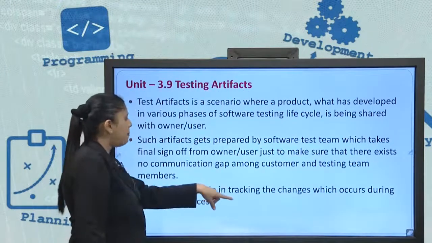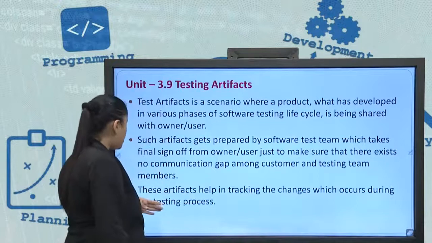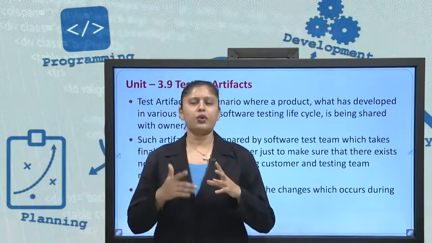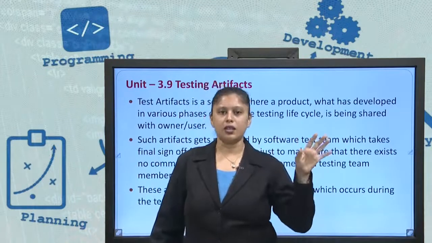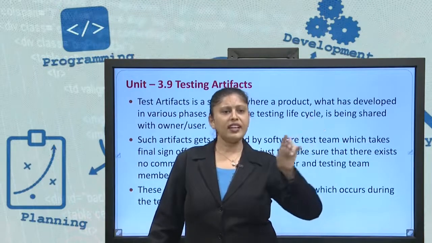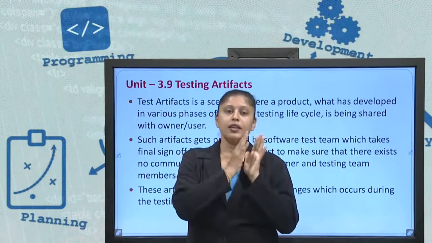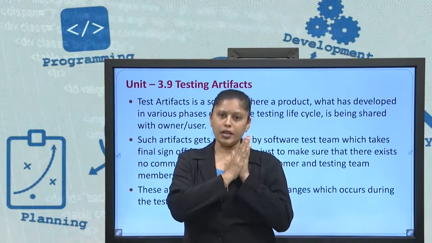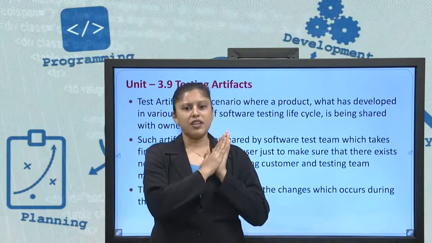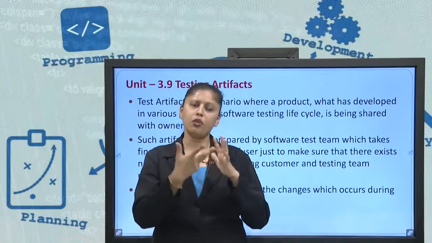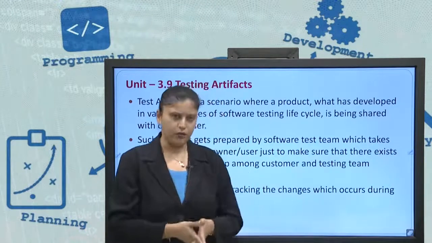These artifacts help in tracking the changes which occur during the testing process. For example, my customer needed some XYZ functionality, and that XYZ functionality is not there in the test case, alright, then my customer can demand it again, that I need this XYZ facility which is not provided by your software, so kindly provide that functionality.